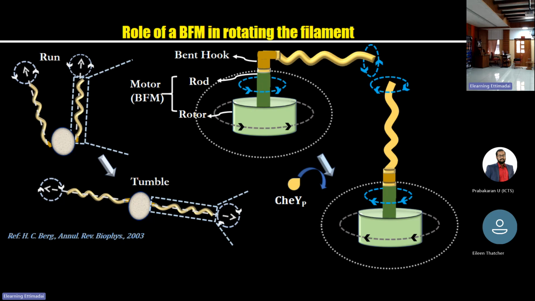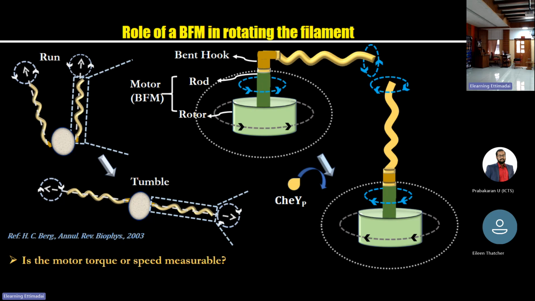I am not going into detail because my next speaker will give details about the molecular structure of the BFM. This is the traditional concept: the signaling protein binds to the lower portion of the BFM, and that's why the rotational direction changes.